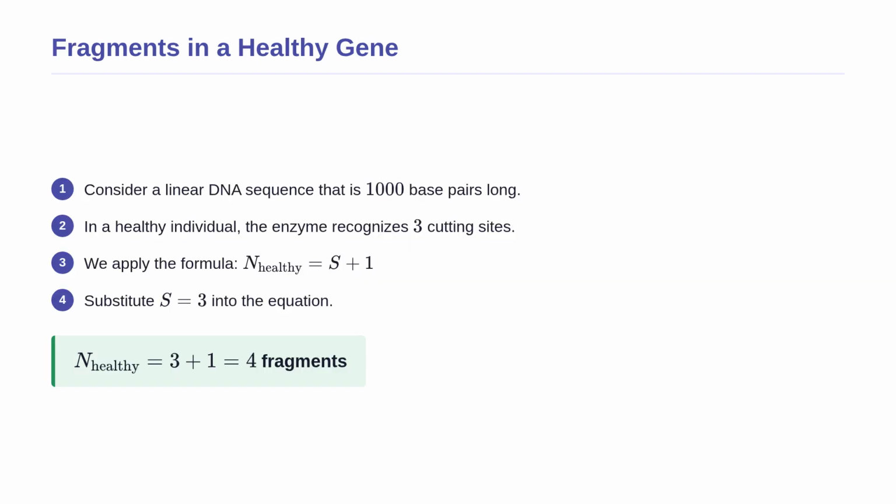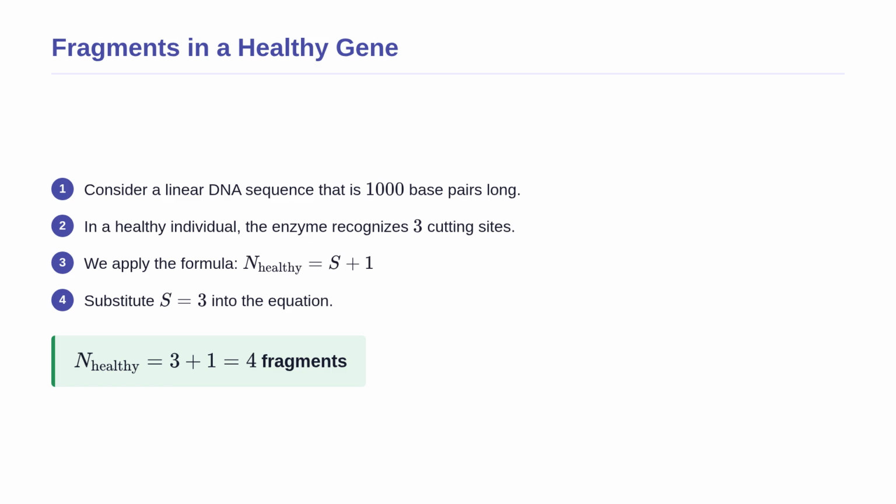Let us apply this formula to a concrete example to build your confidence. Suppose we have a linear DNA sequence that is exactly 1,000 base pairs long. We are given that in a healthy individual, a specific restriction enzyme recognizes exactly 3 cutting sites on this gene. We want to find out how many fragments are produced.